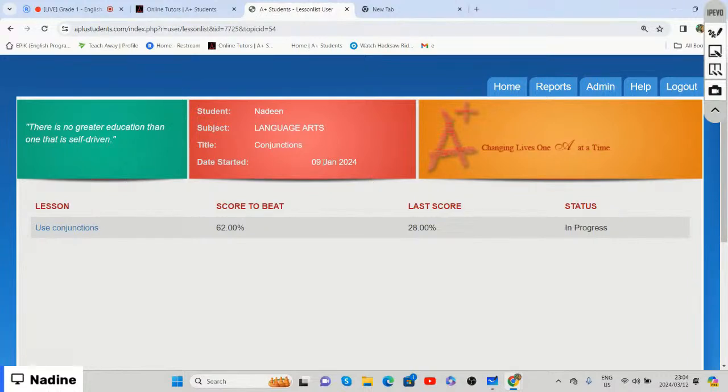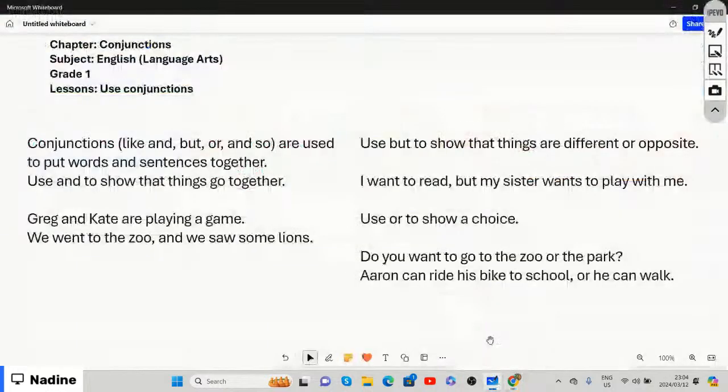All right. So our chapter is conjunctions. Our subject is English, which is language arts, grade 1. And the lesson that we're going to be focusing on in the chapter of conjunctions is to use conjunctions.